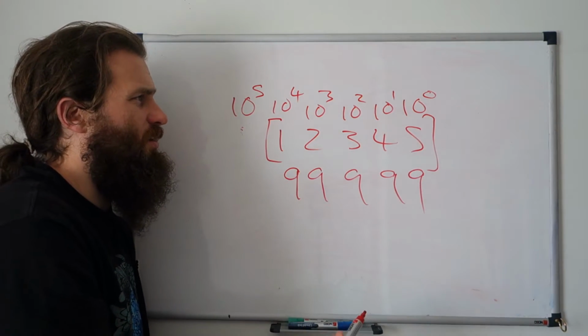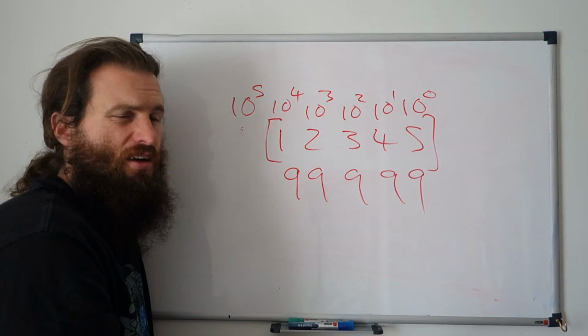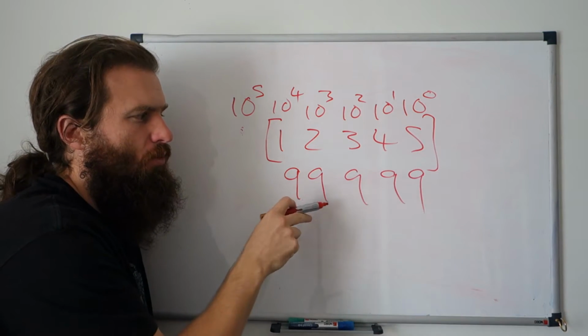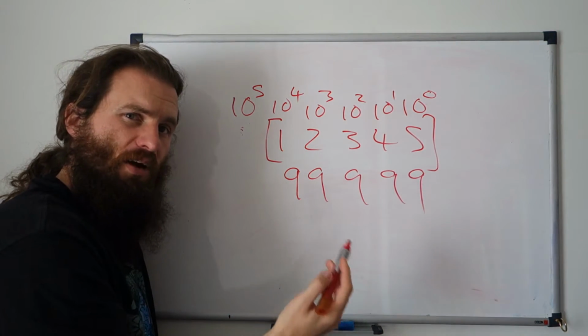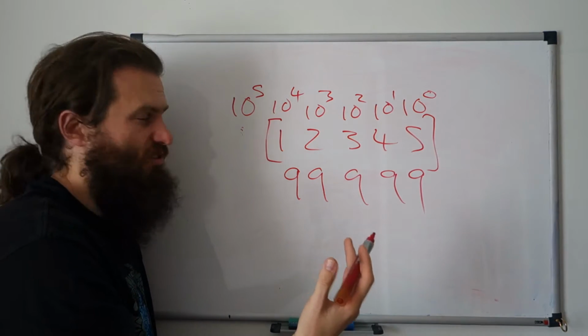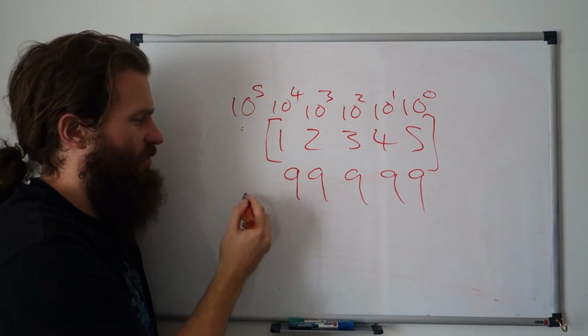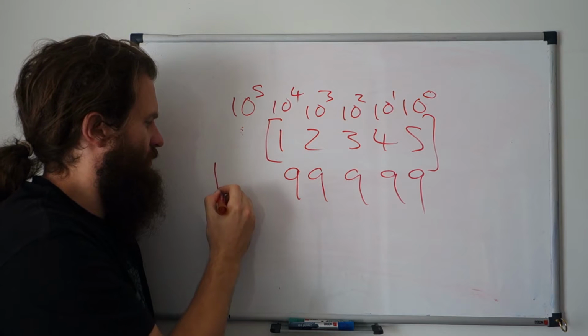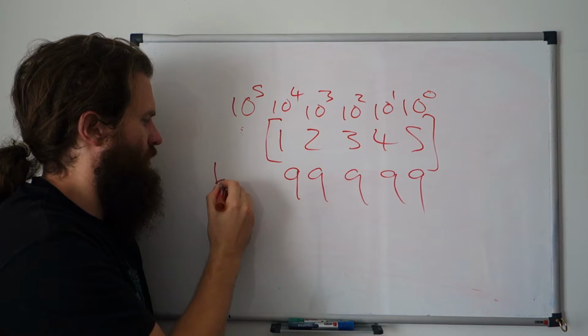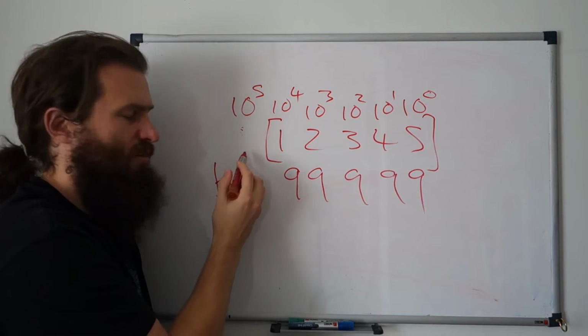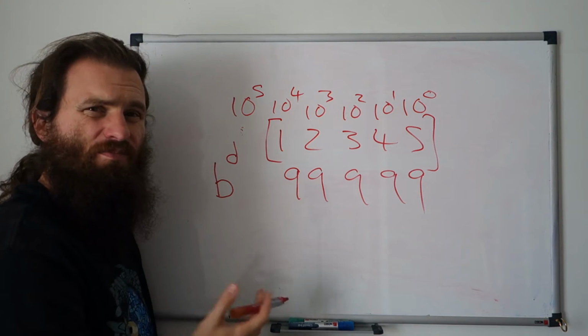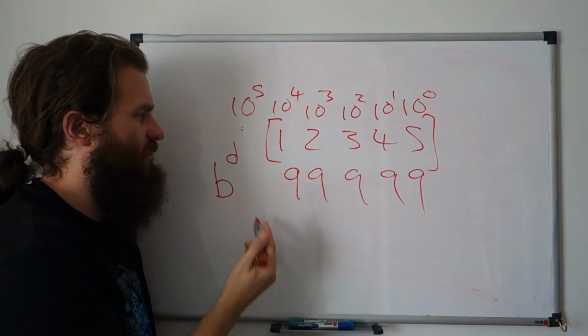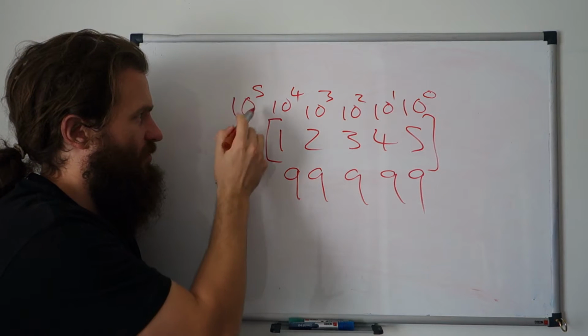So we can say then generally that if we want to work out what the maximum number we can store is for a base b and number of digits d, then it's going to be base to the power d, number of digits, and that will give us this number.